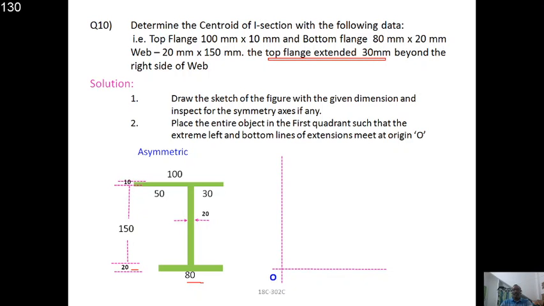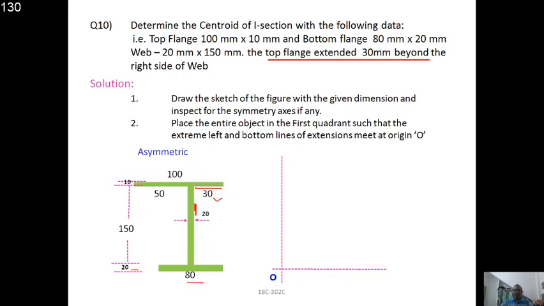The top flange extends 30 mm beyond the right side of the web. So this top flange is not placed uniformly throughout the web. It is placed asymmetrically. That means it is extended only 30 mm beyond the right side of the web, right?